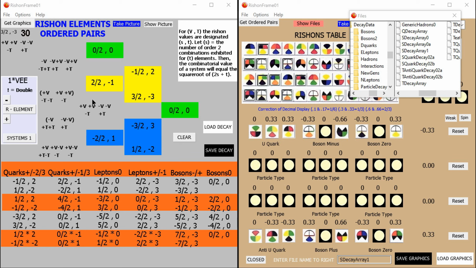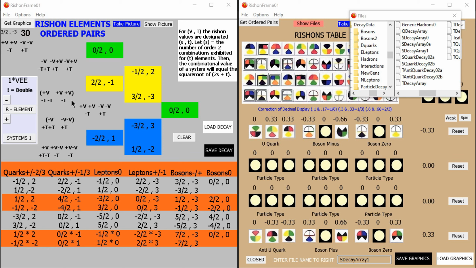And the composition, in terms of ordered pairs, is a -1/2 for the S value and a 2 for the T value, which you can see over here represents a generic U quark with a V, a T, and T rishons.